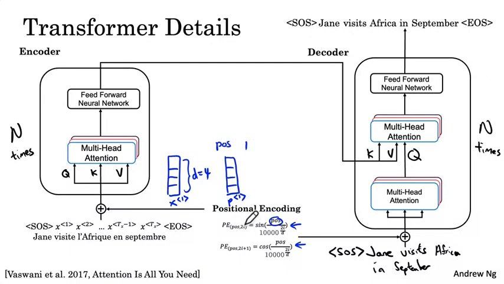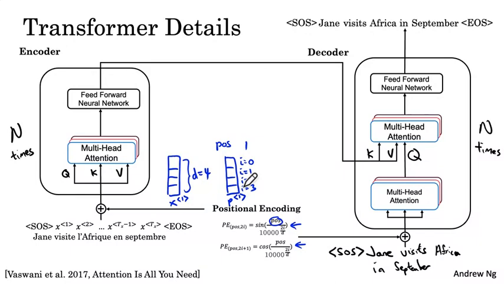And i over here refers to the different dimensions of the encoding. And so this first element corresponds to i equals 0. This element, i equals 1, i equals 2, i equals 3. So these are the variables pos and i that go into these equations down below, where pos is the position of a word, i goes from 0 to 3, and d is equal to 4, the dimension of this vector.